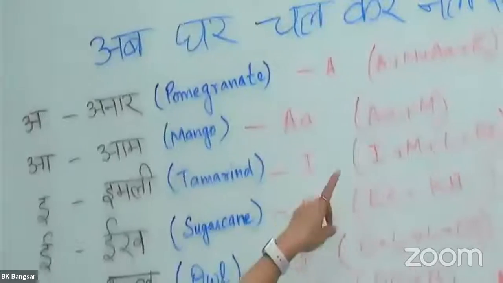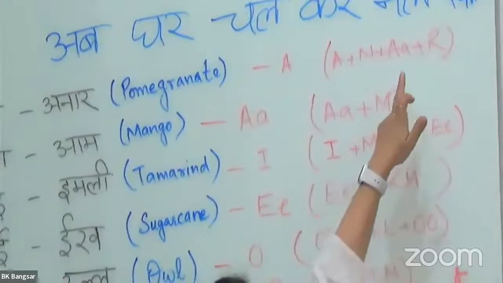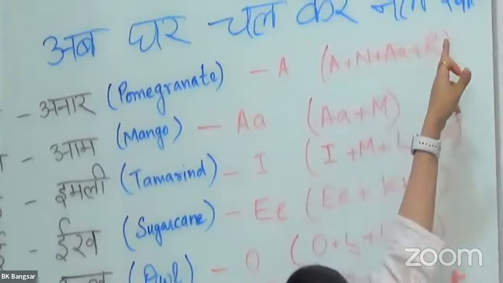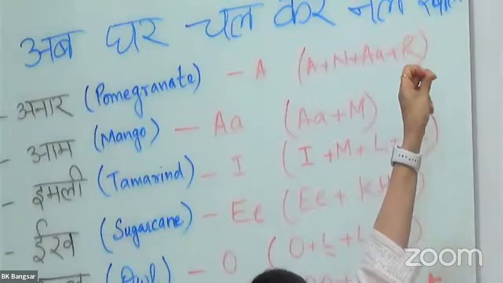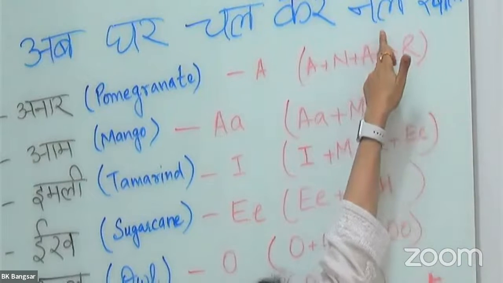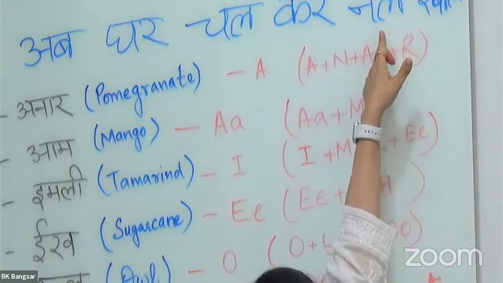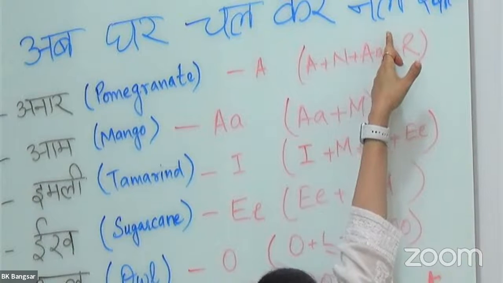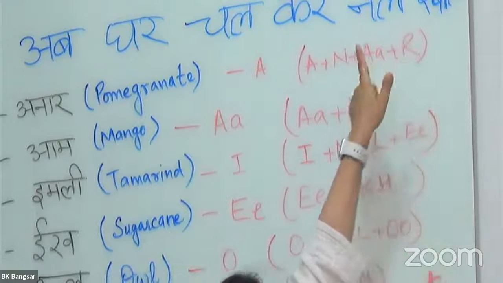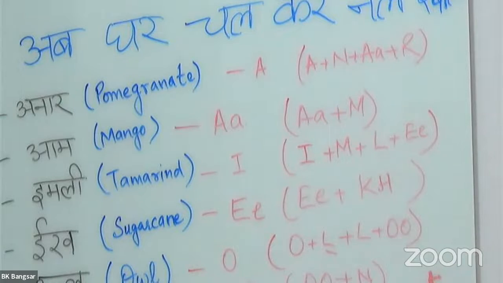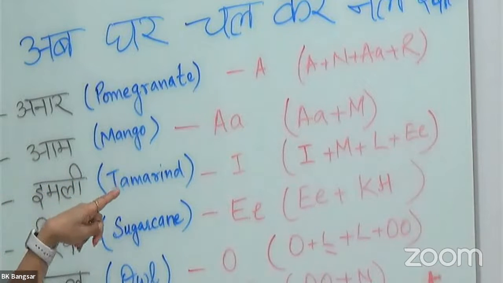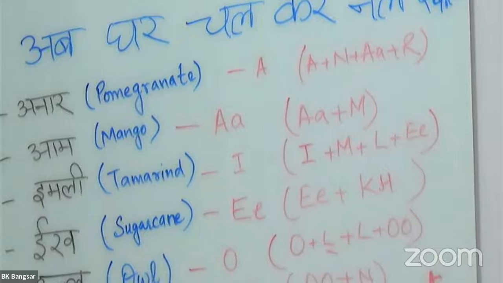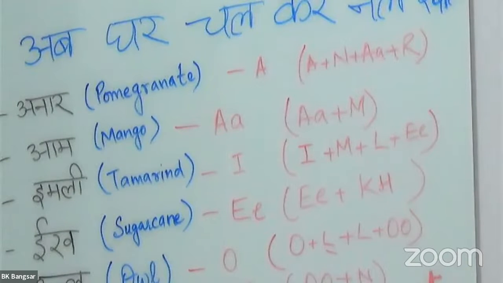Let the others speak. All right. What is this? Ab. Nal. Exactly. Ab ghar chal kar nal.